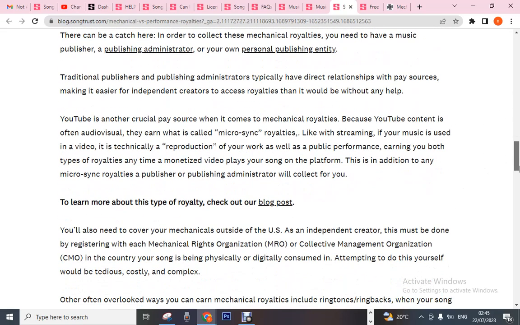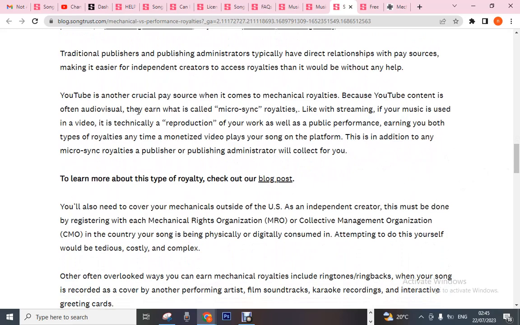Then YouTube is another crucial pay source when it comes to mechanical royalties, because YouTube content is often audiovisual. They earn what is called micro-synchronization royalties.